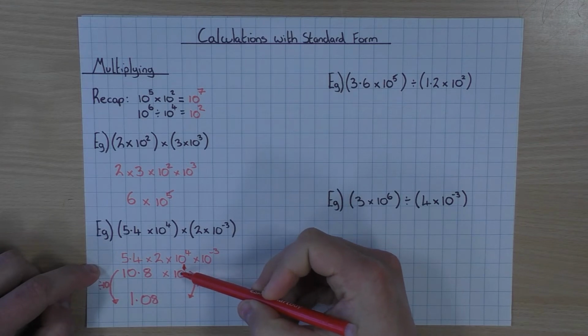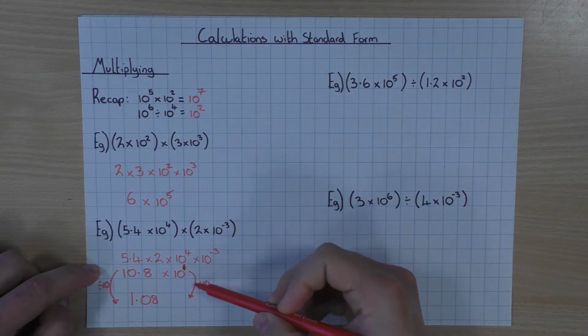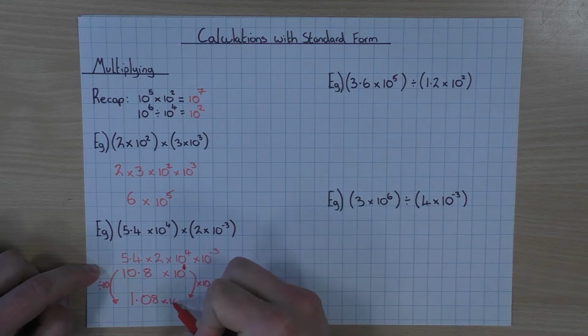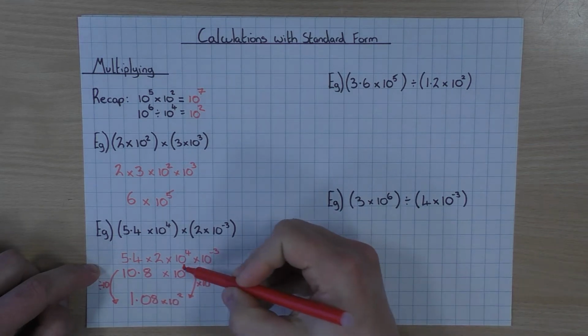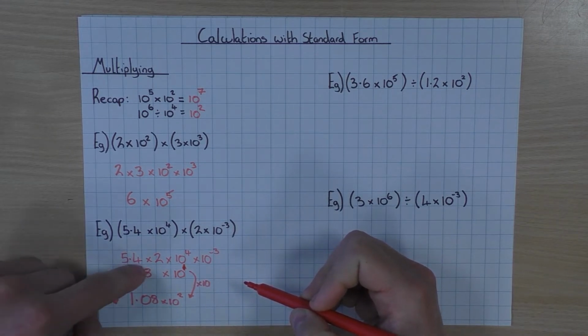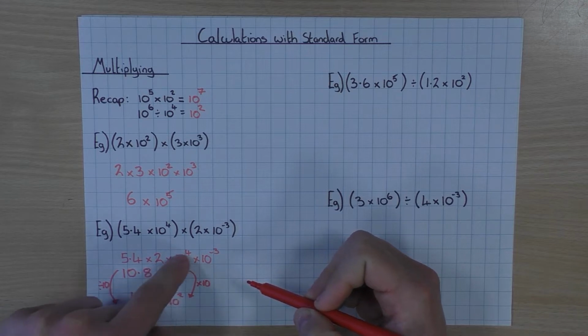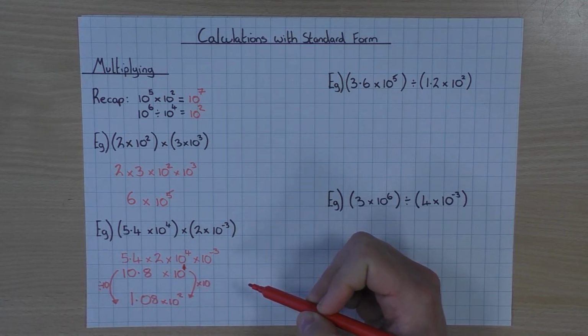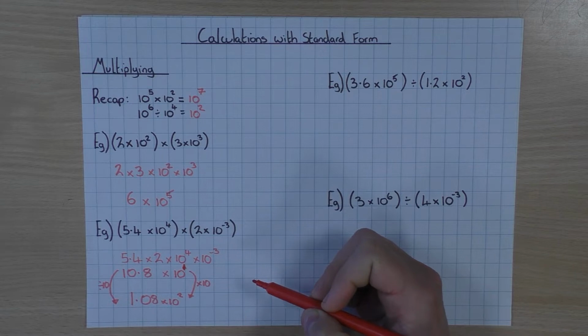So if I've got 10 to the power of 1 and times it by 10, that's going to give me 10 to the power of 2. If I'm timesing by 10, I add 1 to the power. If I'm dividing by 10, I take 1 away from the power. So to go from here to here, I've divided by 10. So here I need to times by 10, which means adding 1 to the power. So that's now in standard form, and you've answered the question.